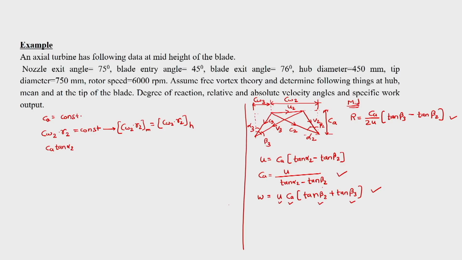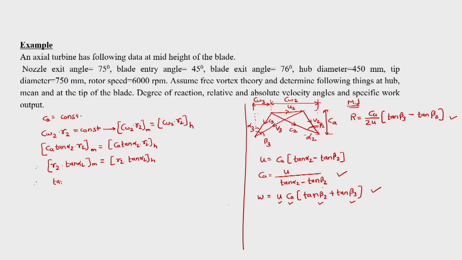So Ca tan alpha 2 into R2 at mid is equal to Ca tan alpha 2 into R2 at hub. But Ca is constant, so we have R2 into tan alpha 2 corresponding to mid equal to R2 into tan alpha 2 corresponding to hub.